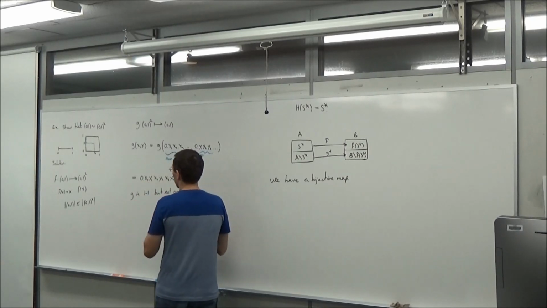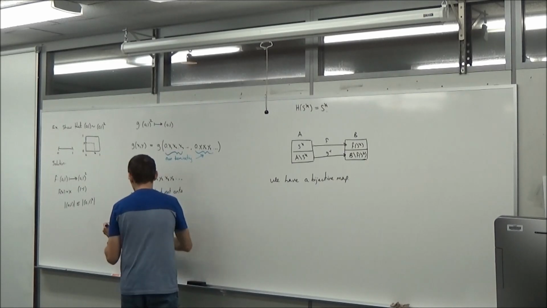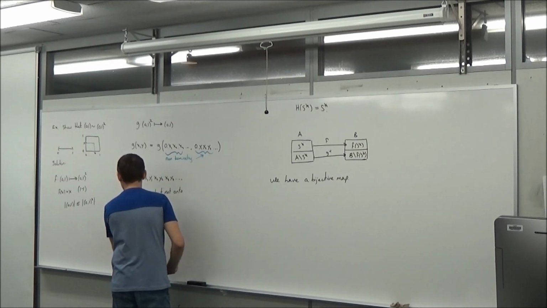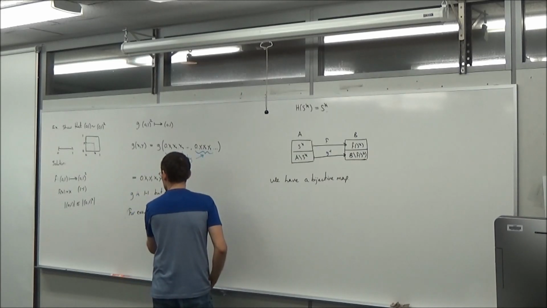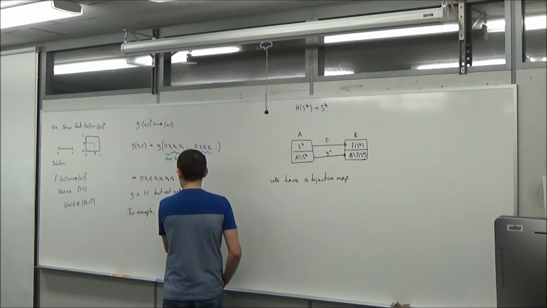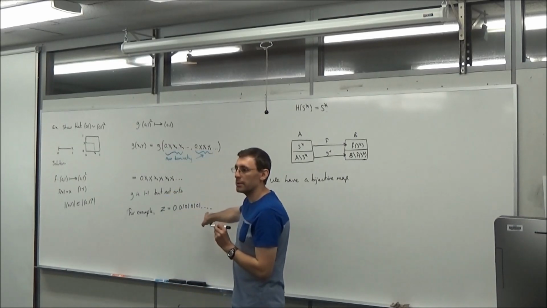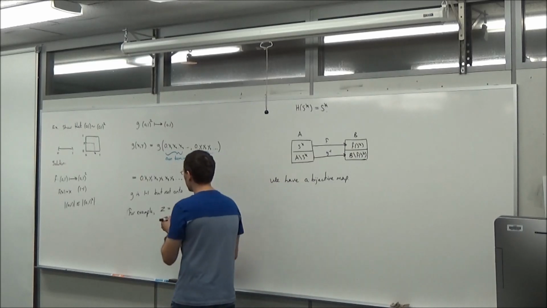So for example, why is it not onto? I can take the value z, which is equal to say 0.01010101, etc. Right? So this is non-terminating. You never see zeros. It's non-terminating, but I cannot produce it.